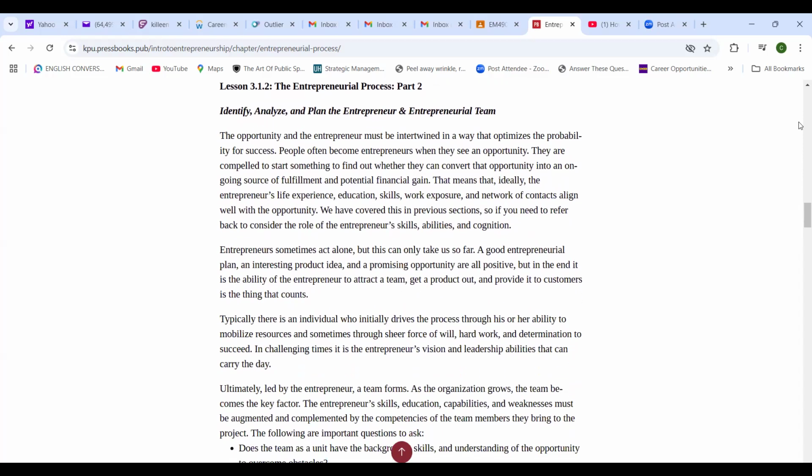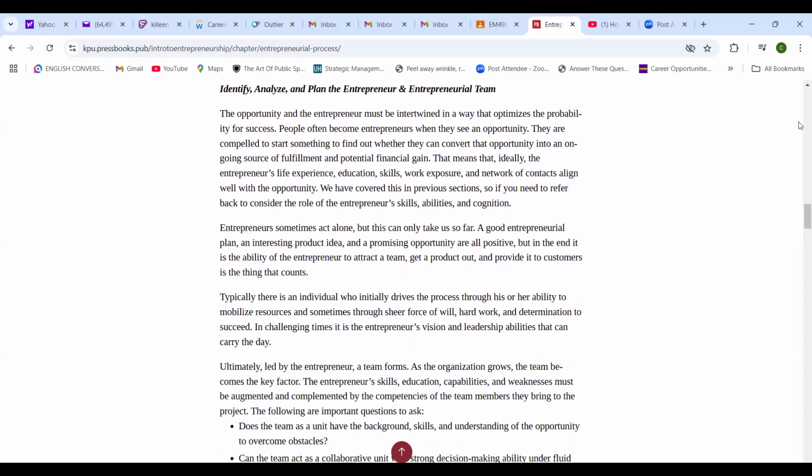We have the entrepreneurial process: identify, analyze, and plan the entrepreneur and entrepreneurial team. The opportunity and the entrepreneur must be intertwined in a way that optimizes the probability for success. People often become entrepreneurs when they see an opportunity. They are compelled to start something.